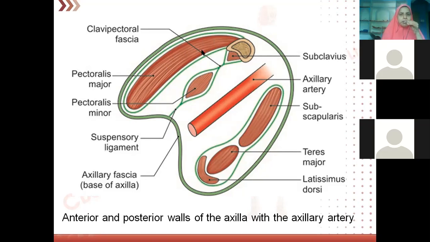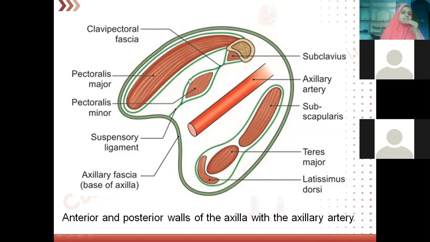The fascia which is covering the pectoralis major is the pectoral fascia. Below pectoralis major, we have two more muscles, that is subclavius and pectoralis minor. What is the name of this fascia which is splitting to enclose subclavius and pectoralis minor? This is the clavipectoral fascia, as I said in a short note. So all these structures will be forming the anterior boundary of the axilla.